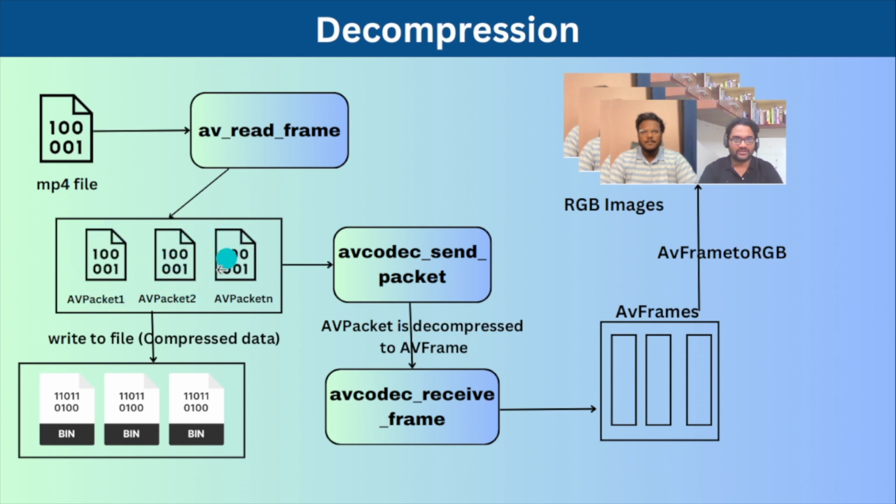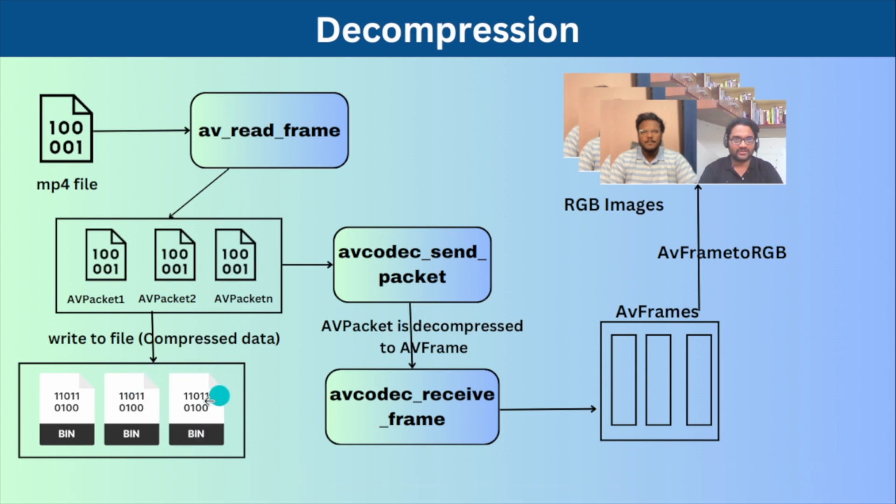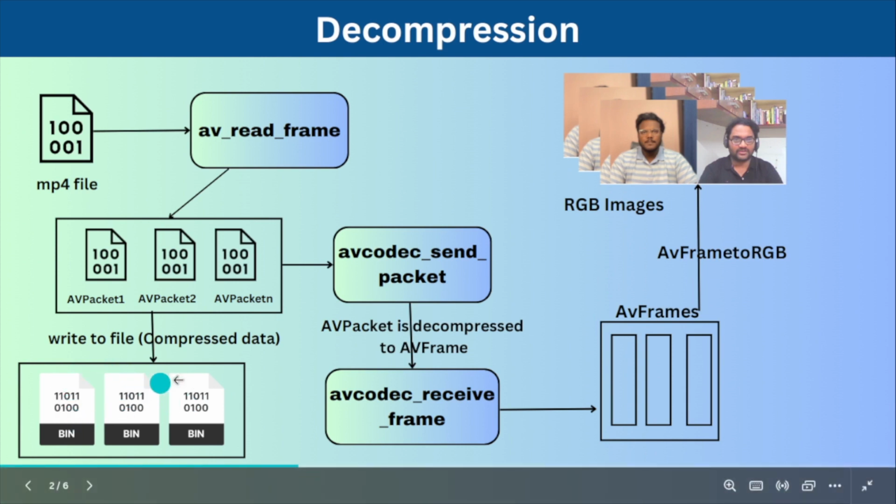All the packets are extracted from this MP4 file, and we can write them into a file or any binary format. We saw in the last video that the sizes of these compressed packets are like 6 KB, 1 KB.